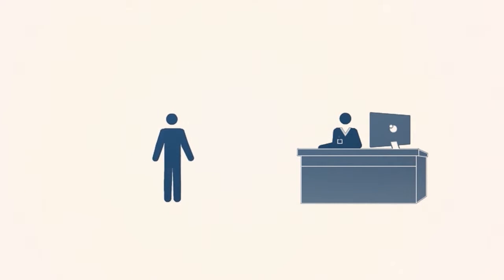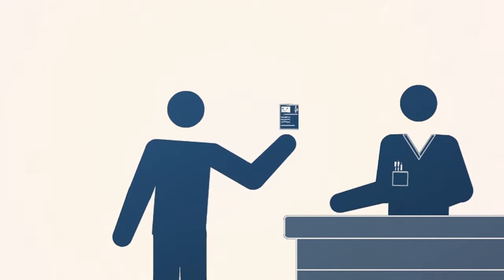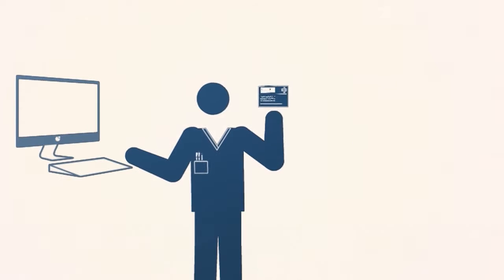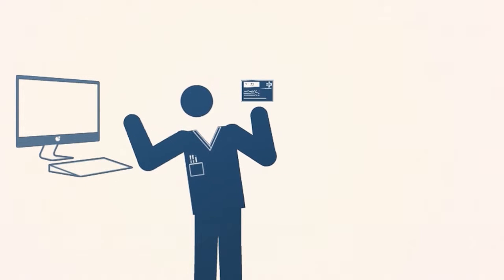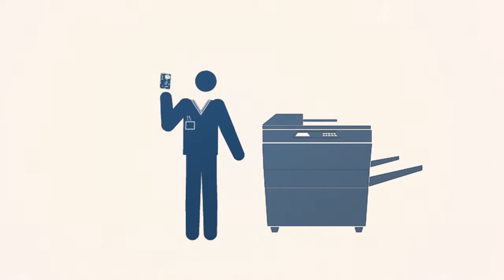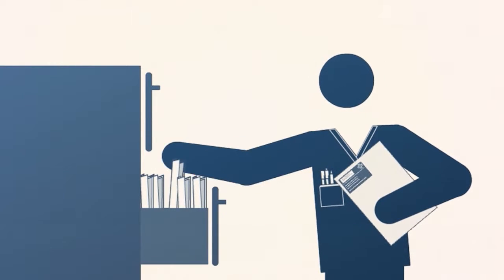At the front desk, Bob shows that he has new insurance and hands the card to the staff. The staff verifies his record and adds his insurance information into the PM system, makes a copy of his insurance card, and adds it to the patient chart.